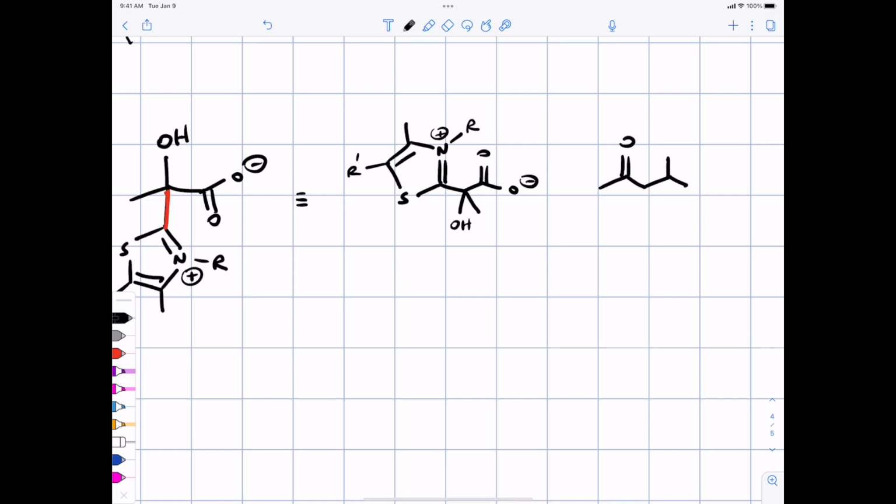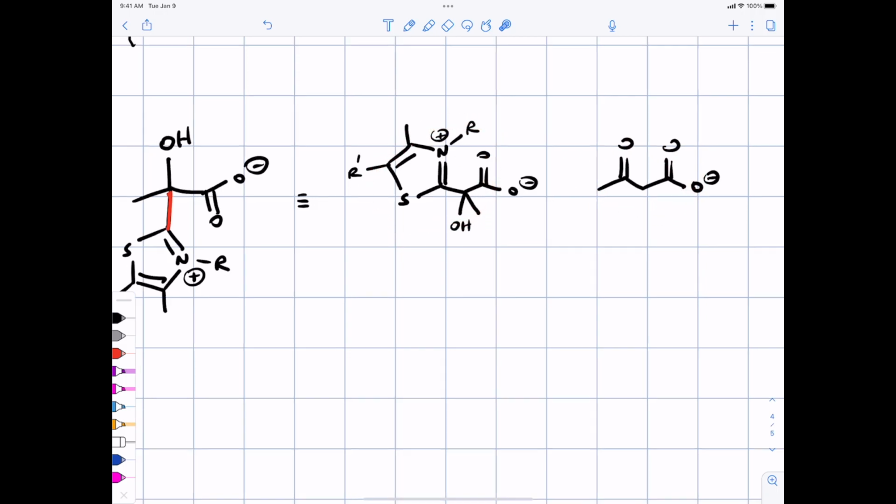I want you to see if you can see any resemblance between these two molecules.